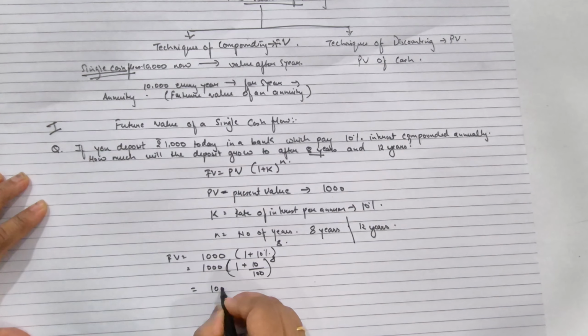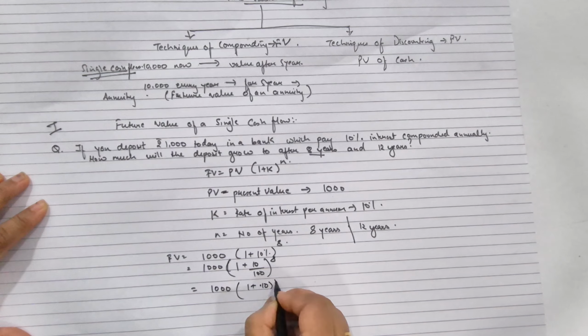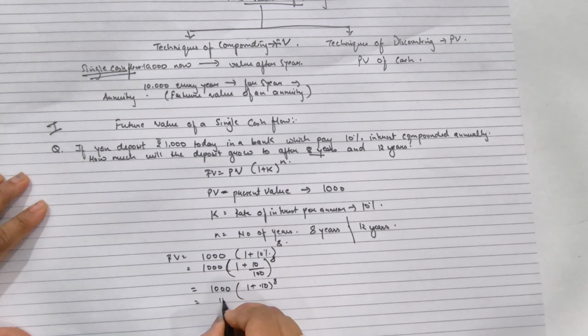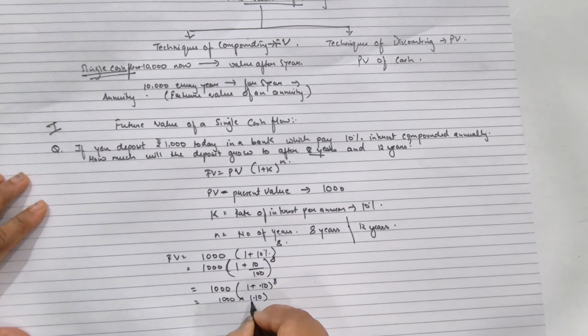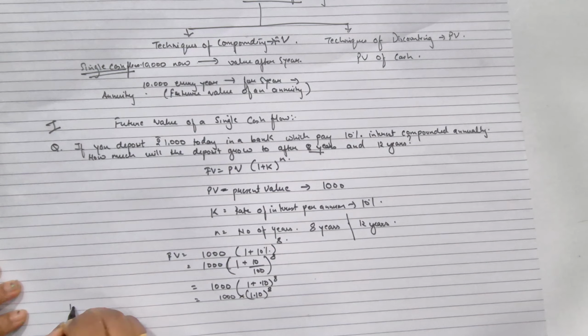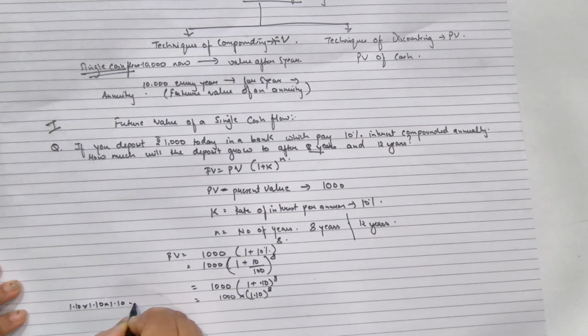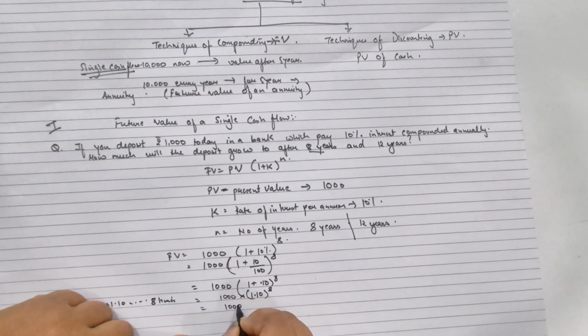That is 1,000 times (1 plus 0.10) to the power 8, which is 1,000 multiplied by 1.10 to the power 8. Now you have to calculate this value. It means that you have to multiply 1.10 by itself 8 times.